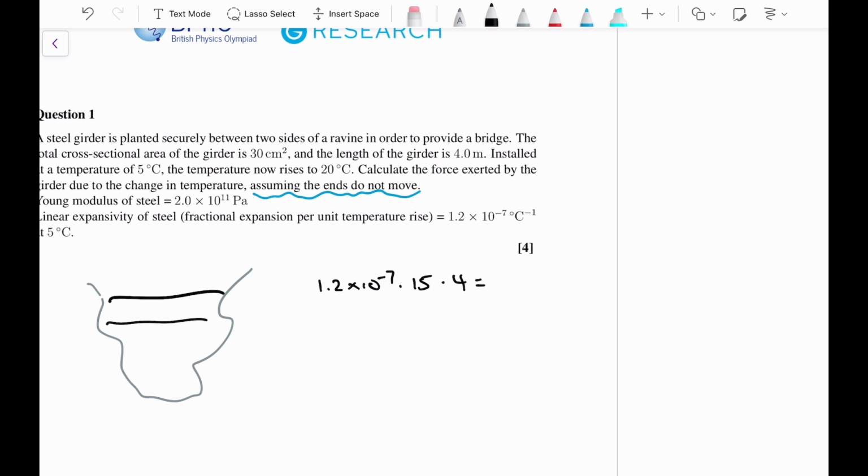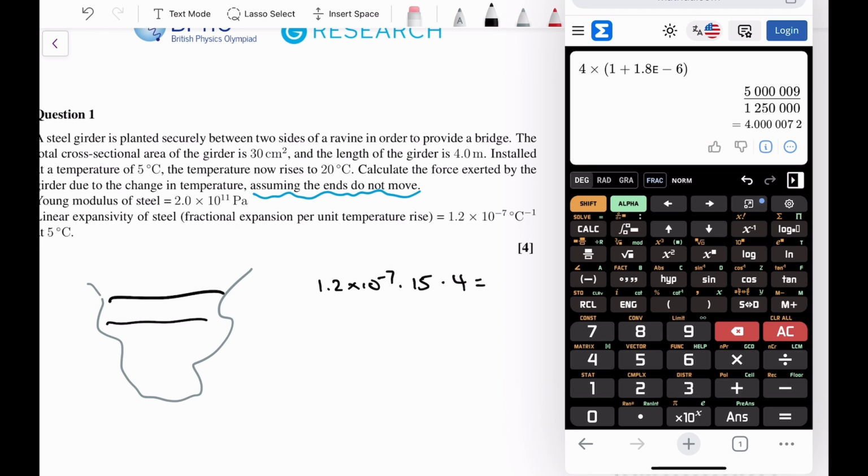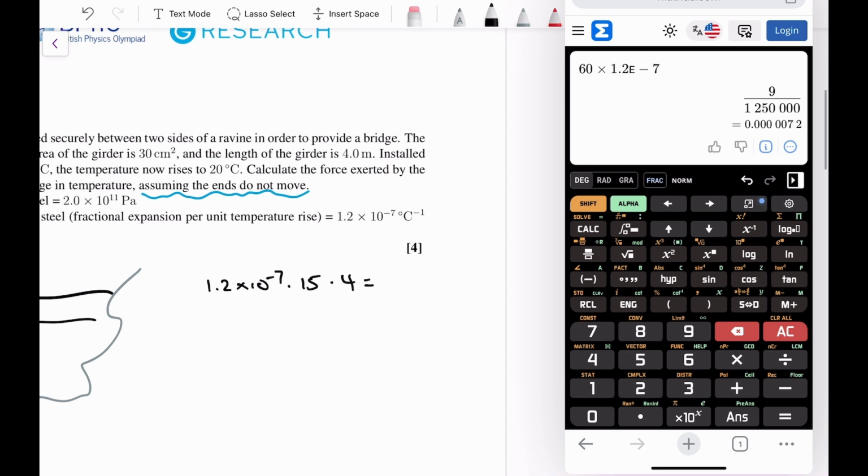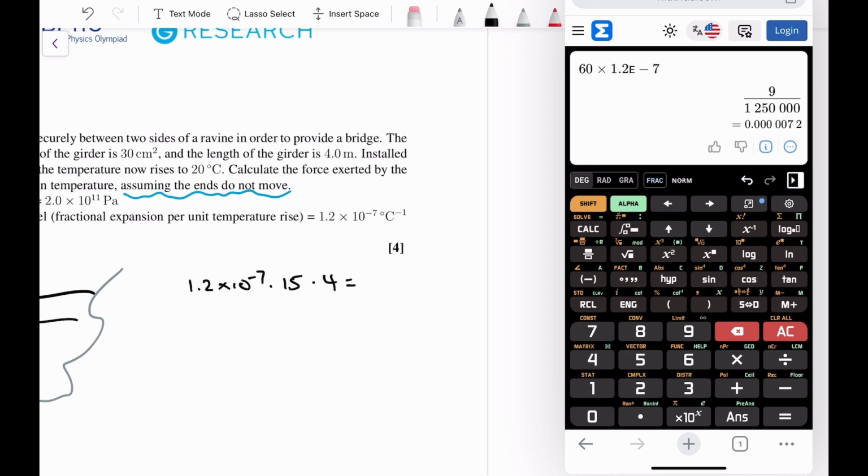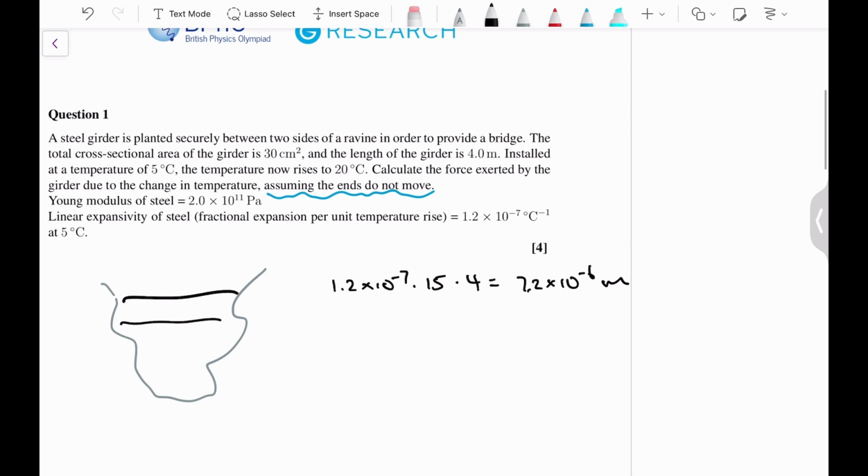So that's 60 times 1.2 to the power of negative 7, which is equal to 7.2 times 10 to the negative 6 meters. Okay, now we have the change in length of the bridge.